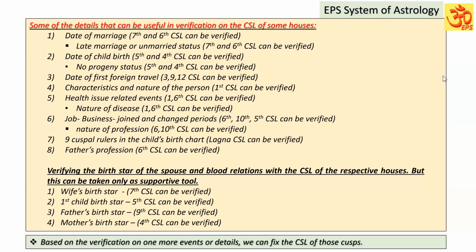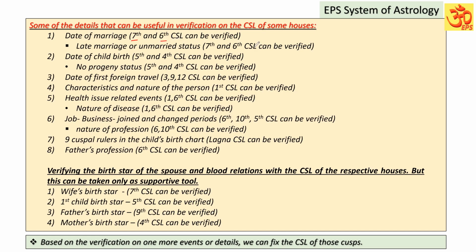What are the details that we can get from the native for the verification of the cuspal sublord of the important houses? Some details can be useful in verifying the cuspal sublord of some houses. What are they? If you get the date of marriage, the seventh and sixth cuspal sublords can be verified together, because the seventh house is the hero and the sixth house is the villain.